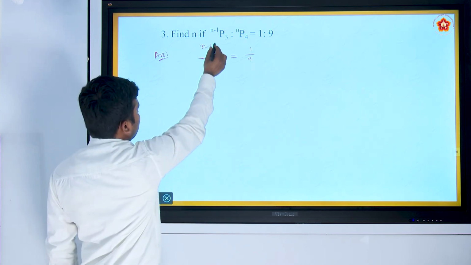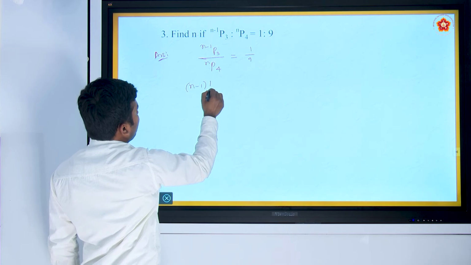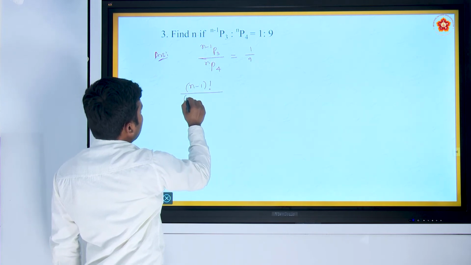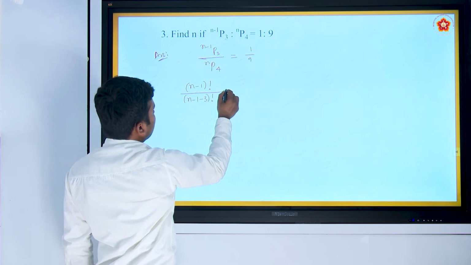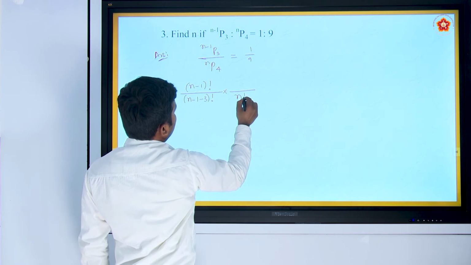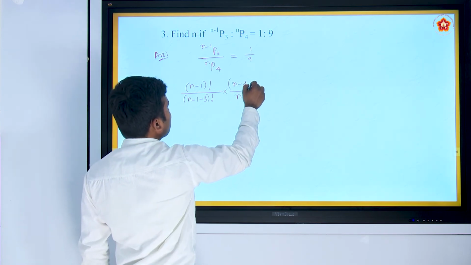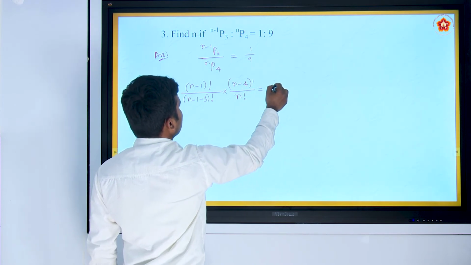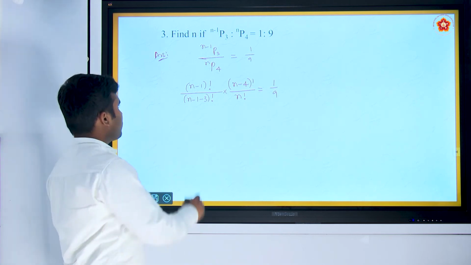Using the formula, this is (n minus 1) factorial divided by (n minus 1 minus 3) factorial, into, n factorial divided by, which goes to the numerator, (n minus 4) factorial, and this is equal to 1/9.